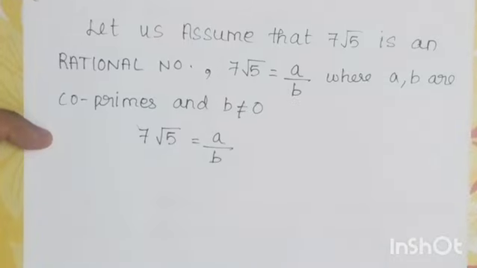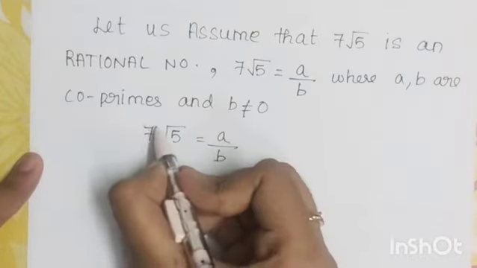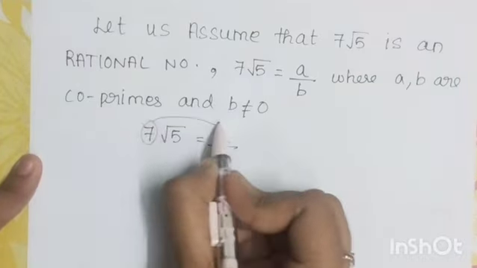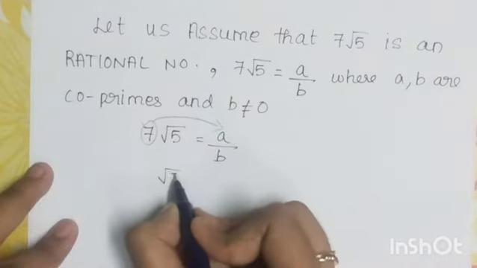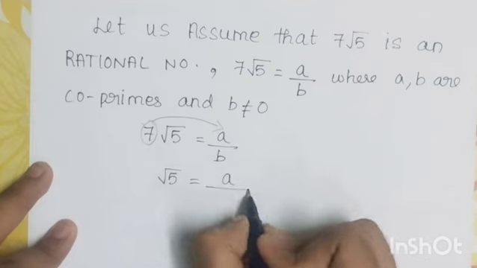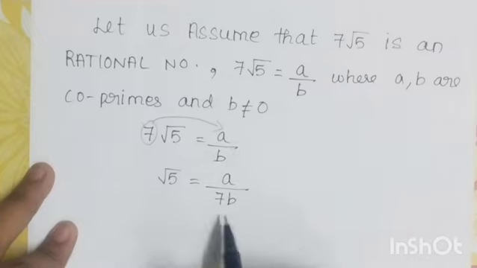Now I have to isolate this root 5 alone. So I can shift this 7 to the RHS of this equation. Here it is in multiplication. If it goes to the RHS, it will be in division.